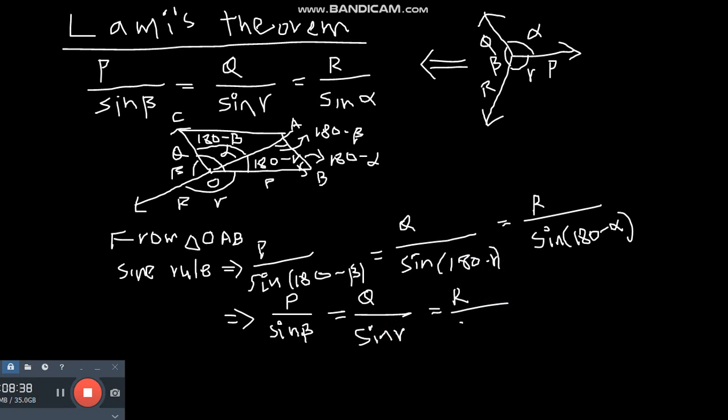Here sine of 180 minus alpha is sine alpha, and thus we can prove that when three forces act at a single point, the forces are proportional to the sine of the opposite angles.